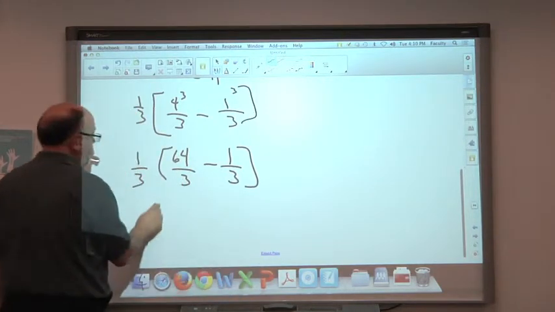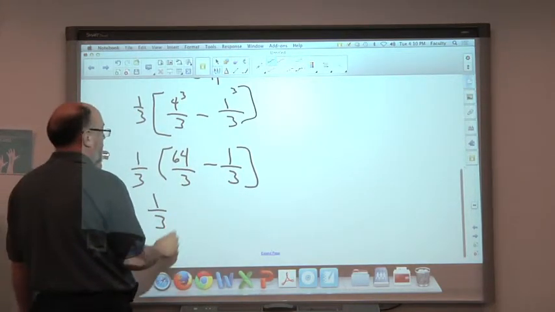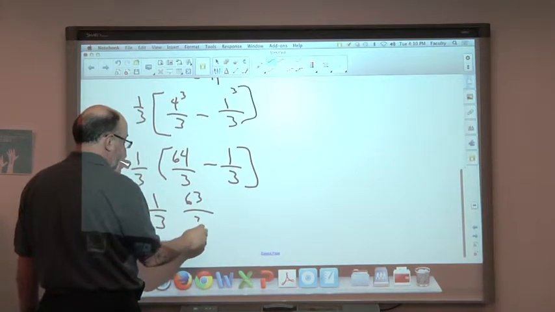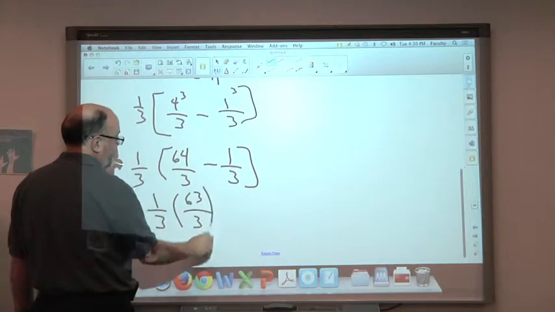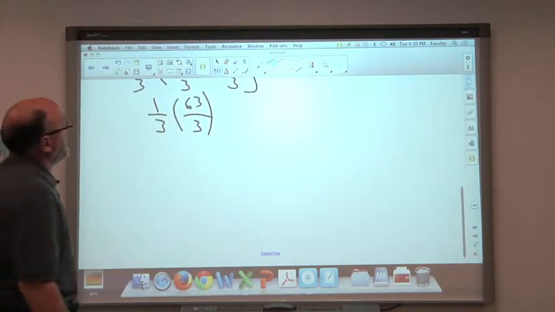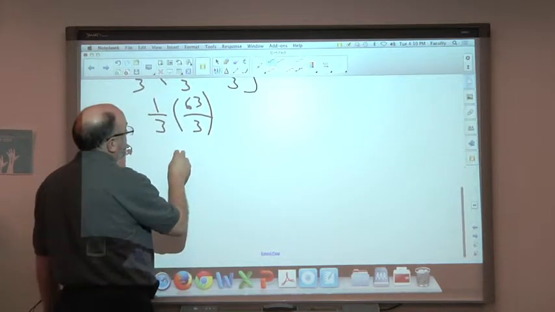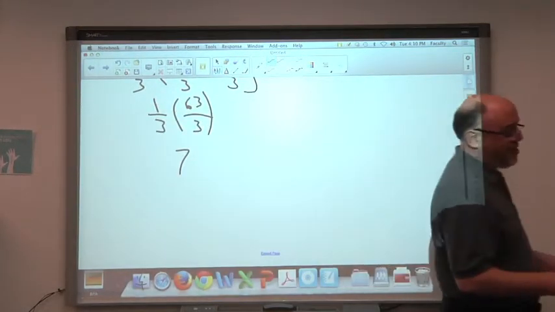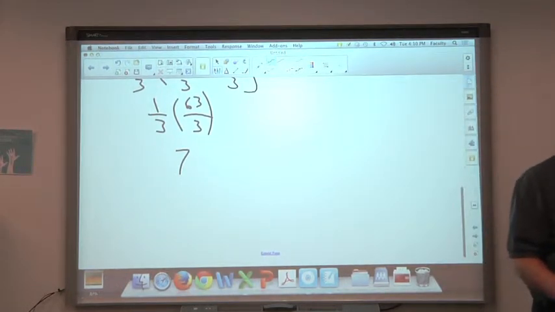And so we end up with 1/3 times 63 thirds. And we end up with a final answer, which comes out to be 7. So the average value of the function over that interval will be 7.